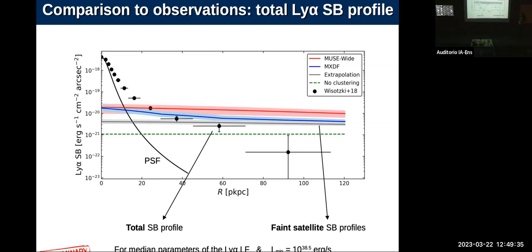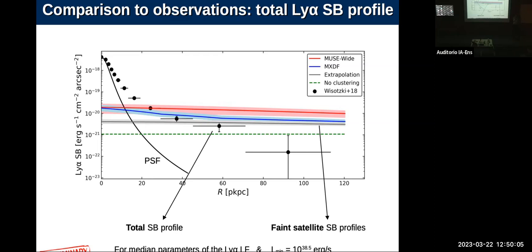And you see, if we compare the total profile with my estimated satellite profiles, my profiles are way lower than what is measured in the literature. So this means that the effect from satellites is negligible at the small scales. If we go to a bit larger scales, let's say 30 kiloparsecs from the center of the Lyman-alpha emitter, my satellite profiles are almost at the same height as what is measured in the literature.